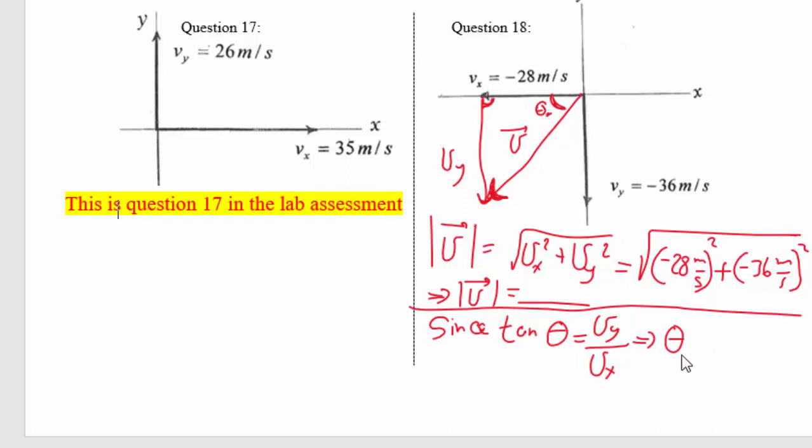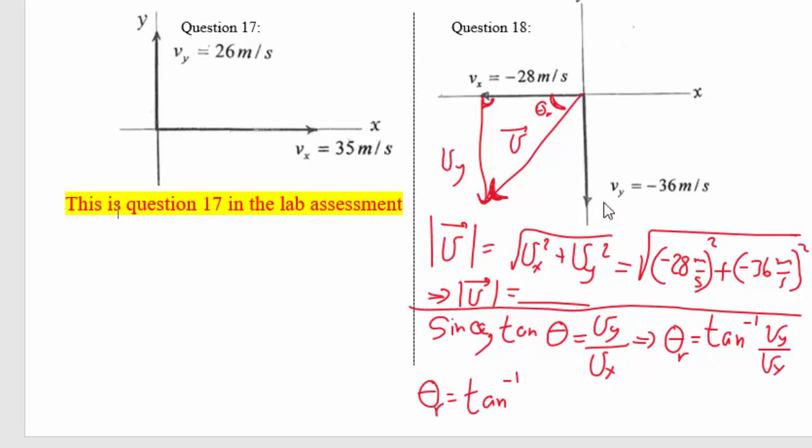So we are talking about the related angle here, which is equal to the tangent inverse. We have to take the tangent inverse of both sides. Tangent inverse of tangent will leave you with the angle. Tangent inverse on the right hand side will be tangent inverse of v sub y over v sub x. We'll plug the values.